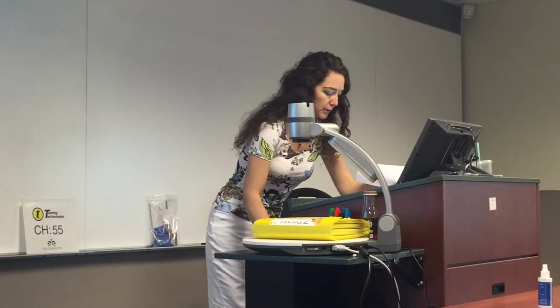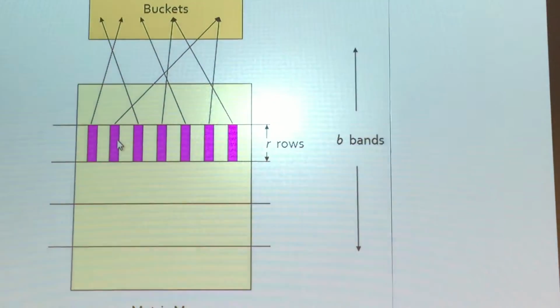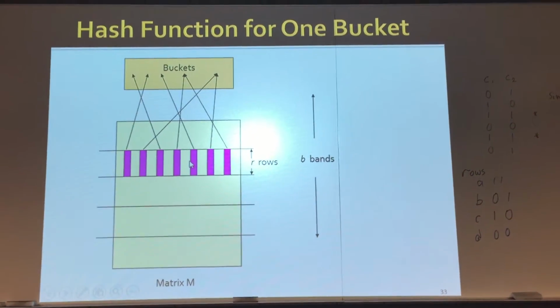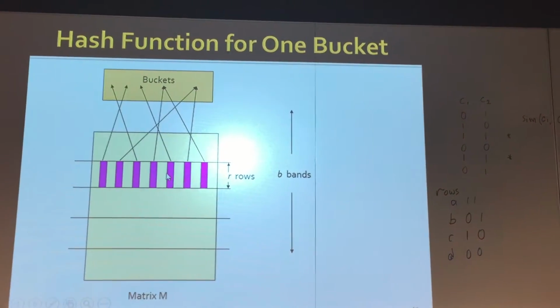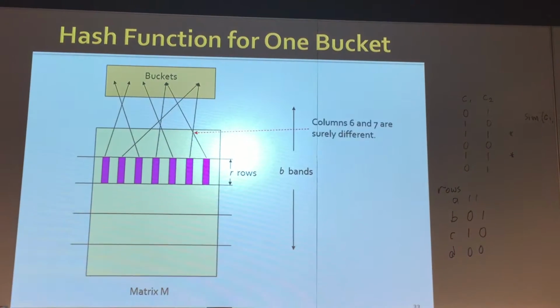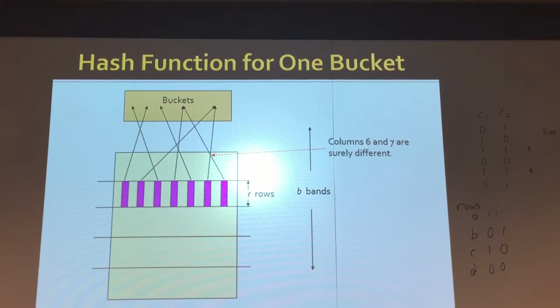If we look here, columns 2 and 6 are considered similar, but 6 and 7 are different.